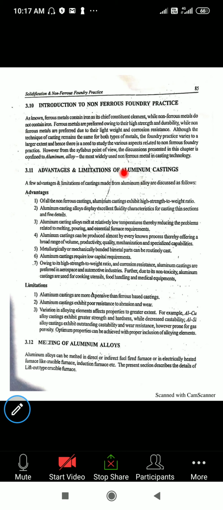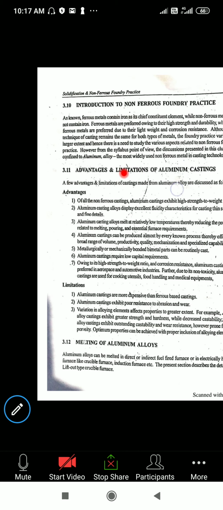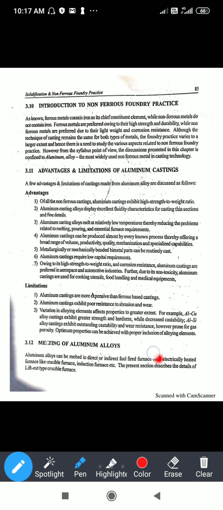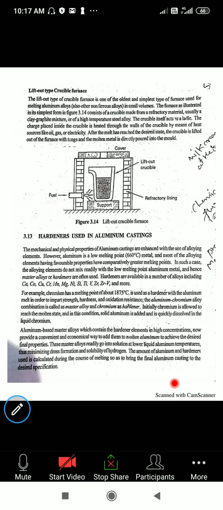Okay, so in this non-ferrous method, aluminum is the most common material used for casting products. The advantages and the limitations of aluminum castings we are going to study in this concept. Now next, the melting of aluminum alloys, that you are going to study. Over here there is the lift-out crucible furnace.